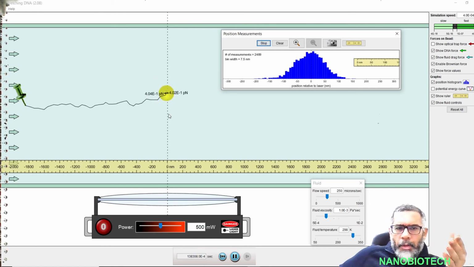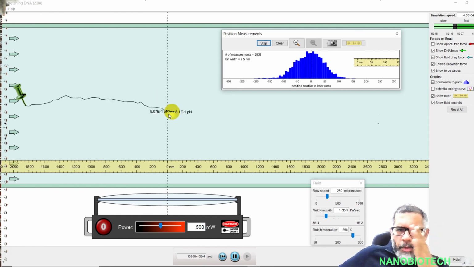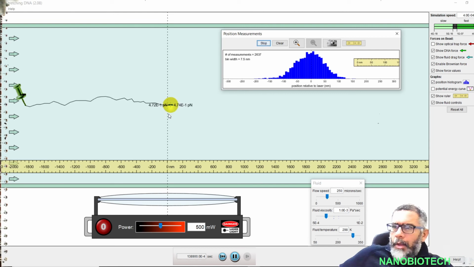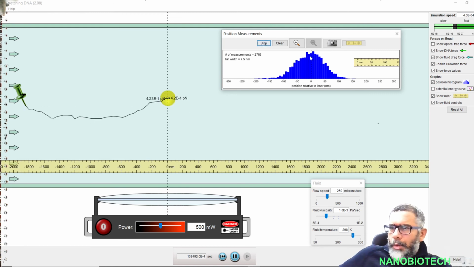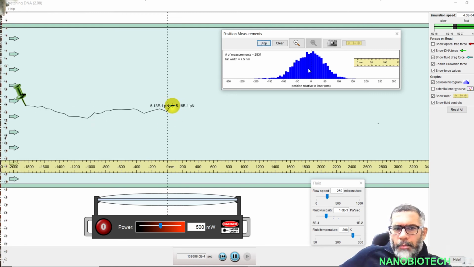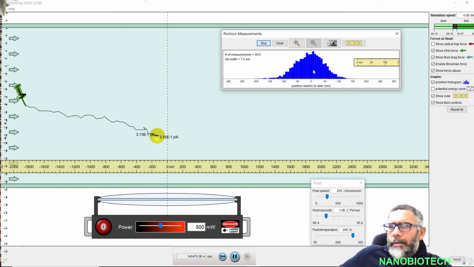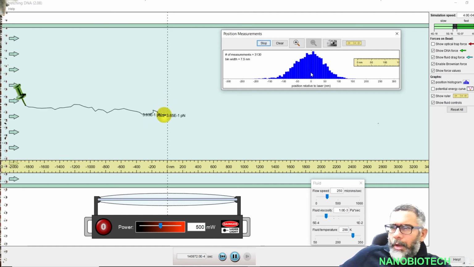You might think that since the bead is always doing this zigzag motion you can't, but you can measure its position. When you measure it, you produce this kind of curve, and by looking at the center of this curve, you will be able to measure the position. The bead goes back and forth over different positions, but most of the time it will be around the center.